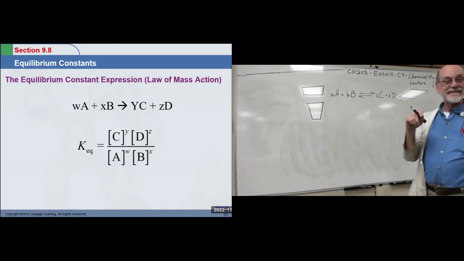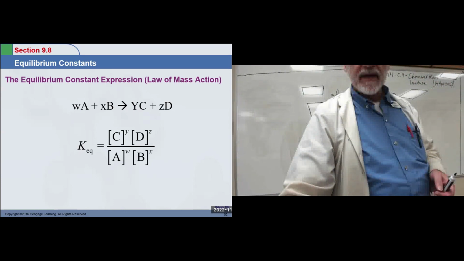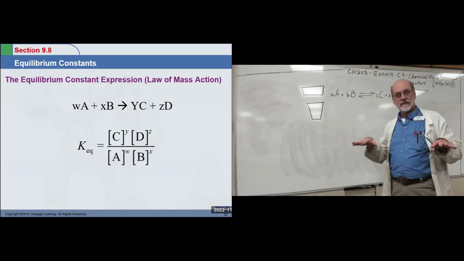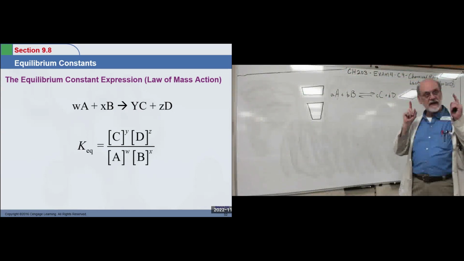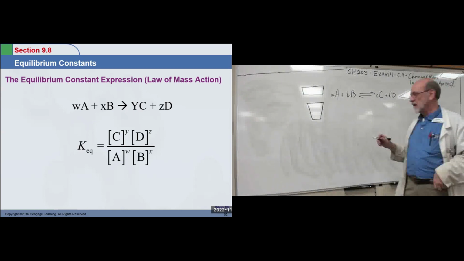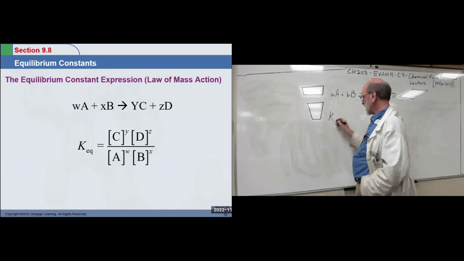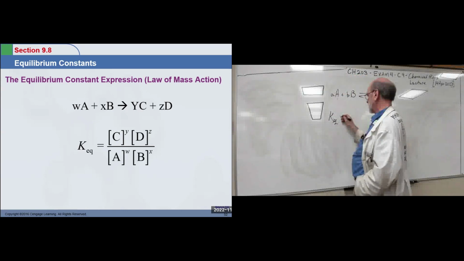Okay? What we can do is at any given temperature, that's important, the temperature must be constant. At any given temperature, we can write an expression that will be equal to some constant.